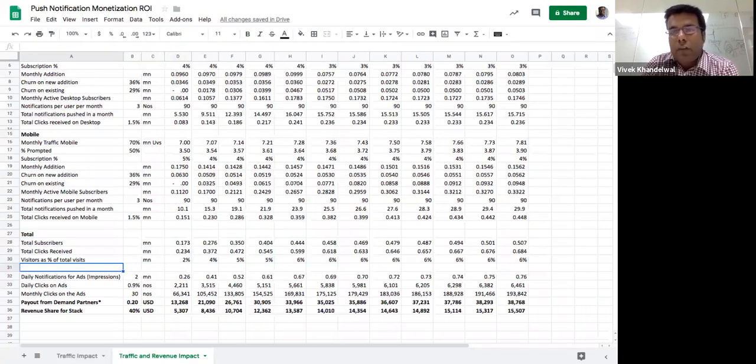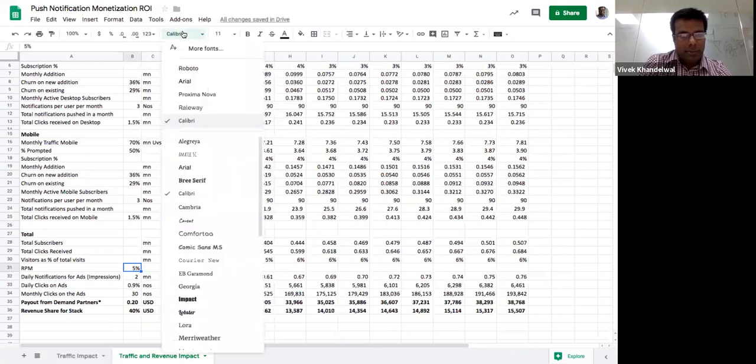So let's say if you saw an RPM of 5 on your website, right, you could straight away multiply this and have a direct revenue impact. So let's just do that maths once. Let's say the RPM here is 5. It's the number.